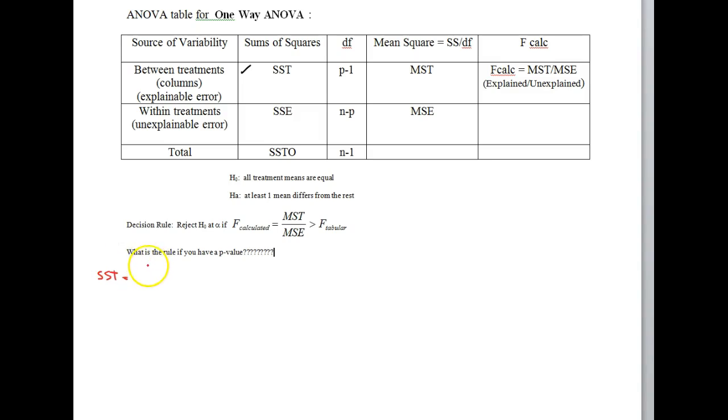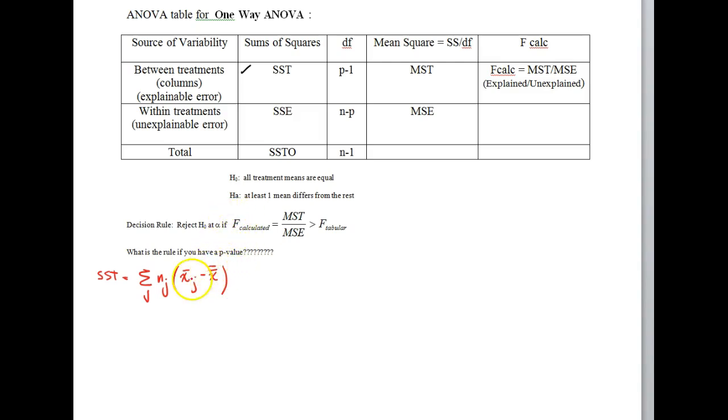Let's first write the formula down that we had on the other page, and you can reference this. It's just the summation over all j of n sub j times x bar sub j minus x double bar, squared.